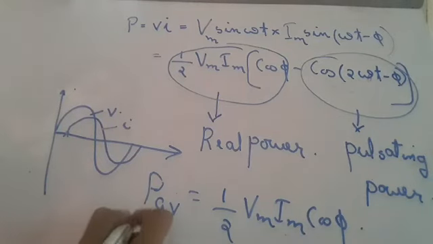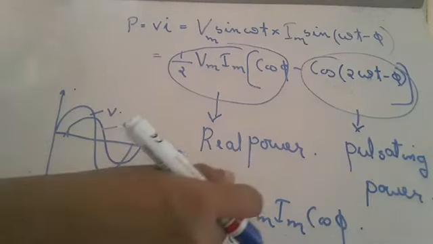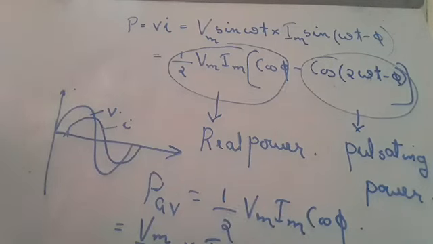So this is Vm by root 2 into Im by root 2 into cos phi.